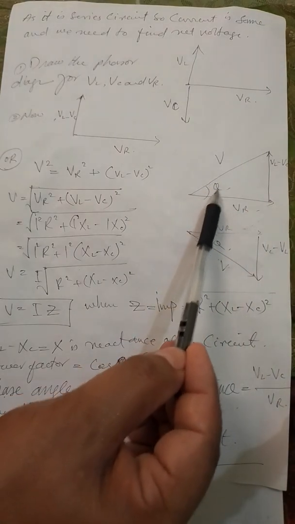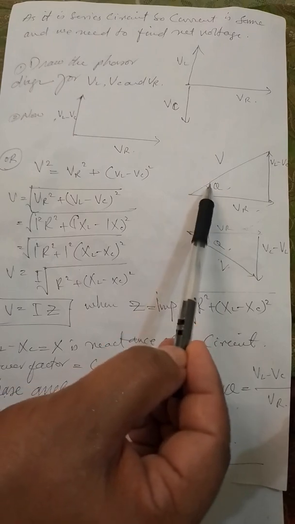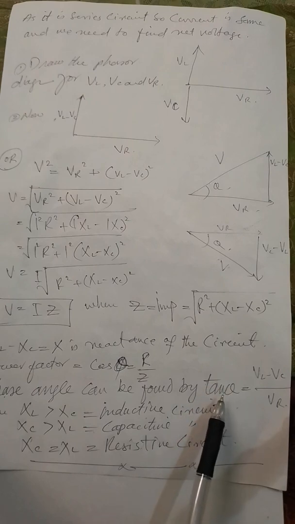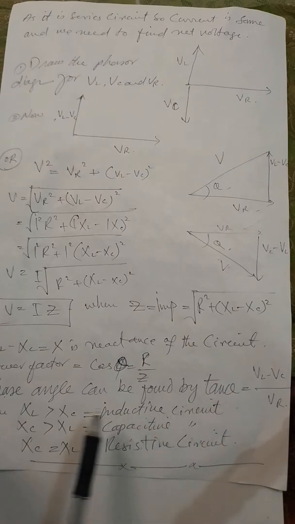We can find the magnitude of this phase angle with the help of tan theta. This is also a previous equation used in first year class to find the angle in the topic of resultant of two vectors by the use of components.